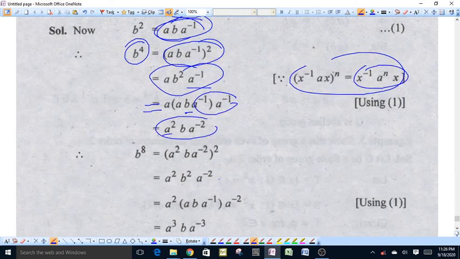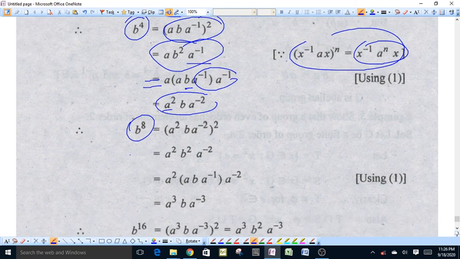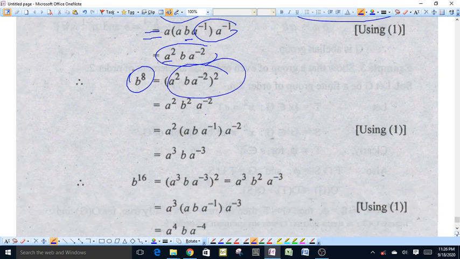Similarly, again squaring, b raised to power 8 will be equal to a square b a minus 2 whole square. This will be equal to, again by using the first property, a cube b a raised to power minus 3.